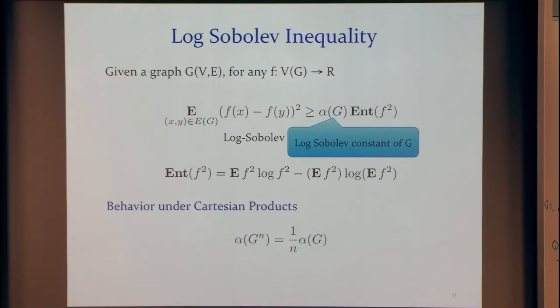Another very nice fact is that this inequality behaves very nicely under the Cartesian product. Given an inequality for the graph G, for the n-fold Cartesian product you get the same inequality, but now the constant becomes alpha of G over n. In fact, it's a strict equality.